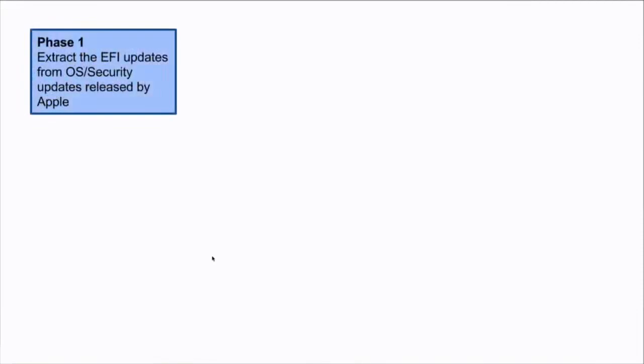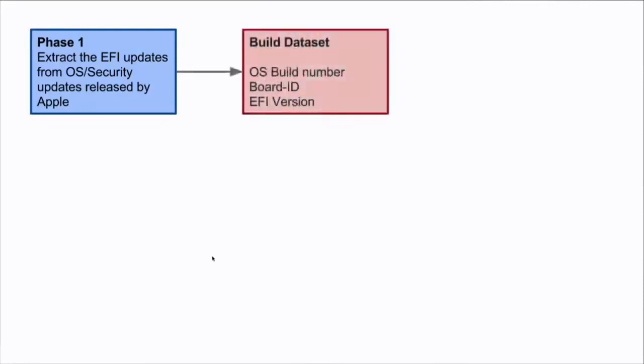And in a more graphical form, we extracted all of the EFI updates from the OS and security updates. Then we built a data set of triplicates. So the build number is a way to uniquely identify any particular version of OS X or macOS. The numbers that you will hear thrown around more often, like 10.12.6, are fine when that is the most recent version of the OS that Apple is supporting.